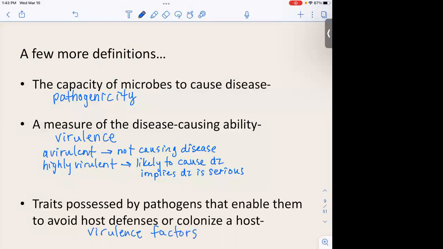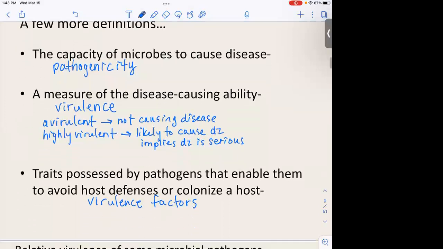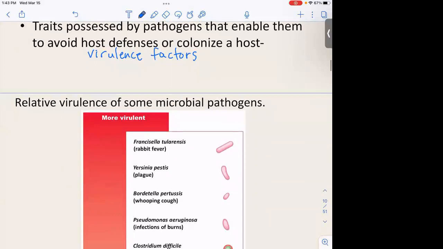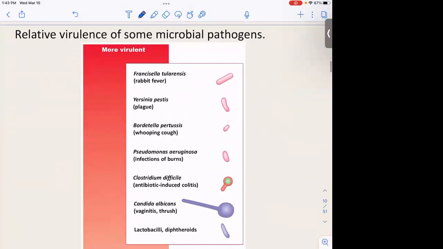So we're going to get to some examples of those today, things like toxins, things like enzymes that are produced by the pathogen. It's kind of like a military arsenal, like bullets or tanks or bombs. Those are kind of like the virulence factors, or a way that you could think about the weapons that an organism has.